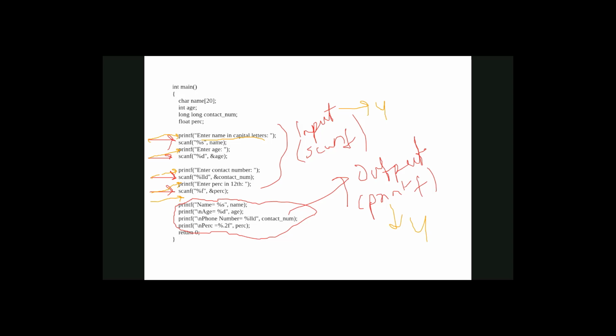If I say enter age, you will enter your age. If I say enter contact number, you will enter your contact number. If I say enter percentage, you will enter your percentage. So for every scanf there is a printf. Clear to you?